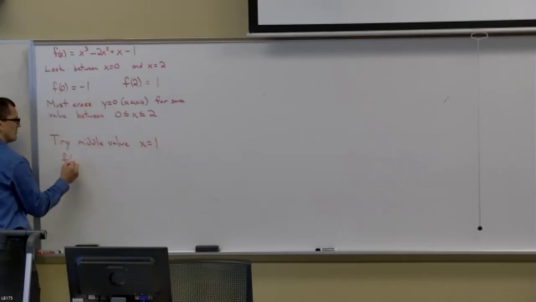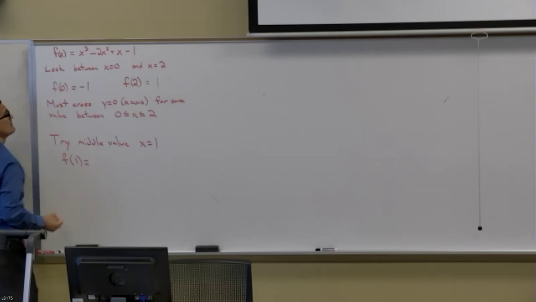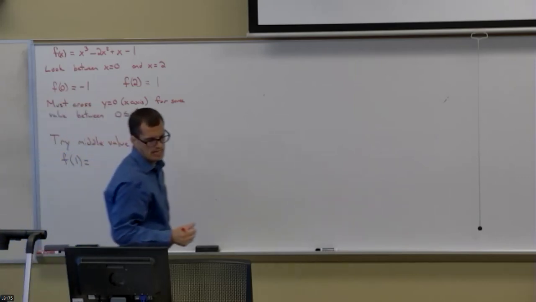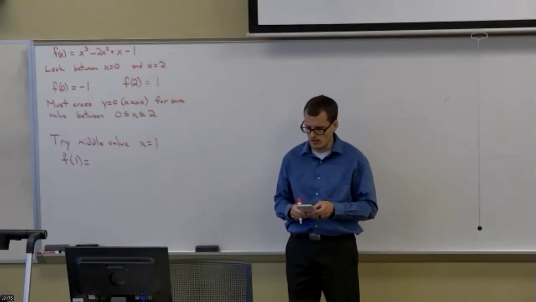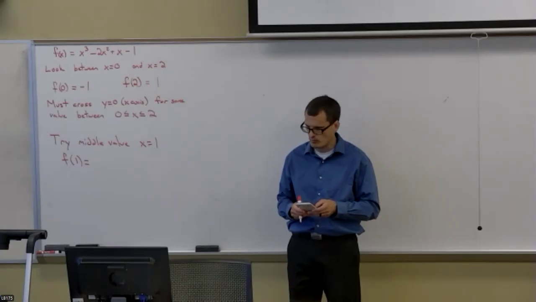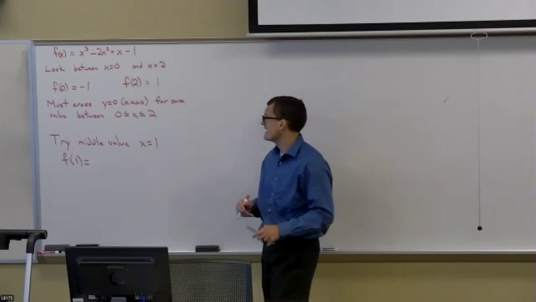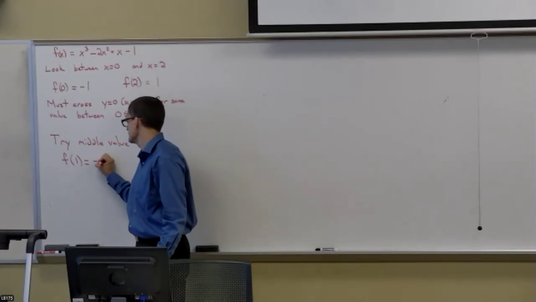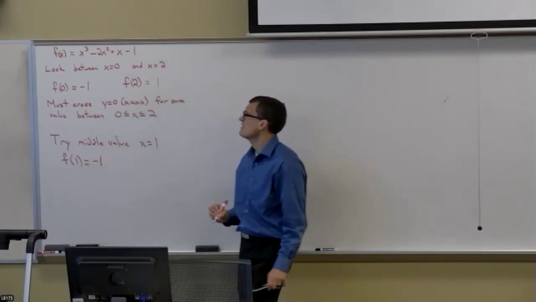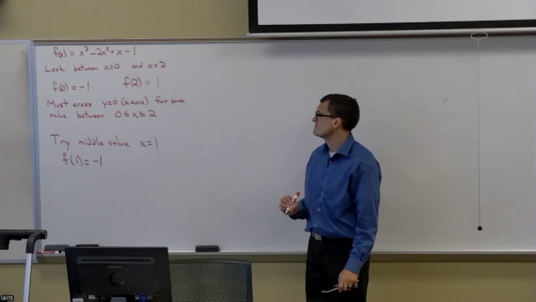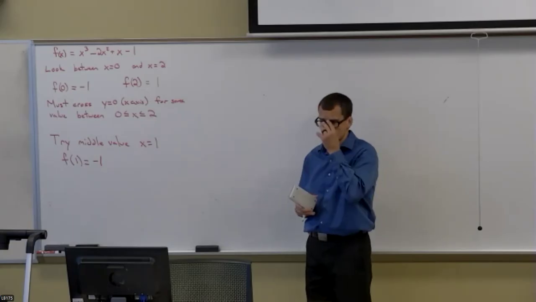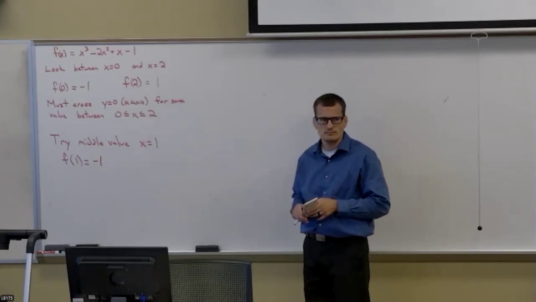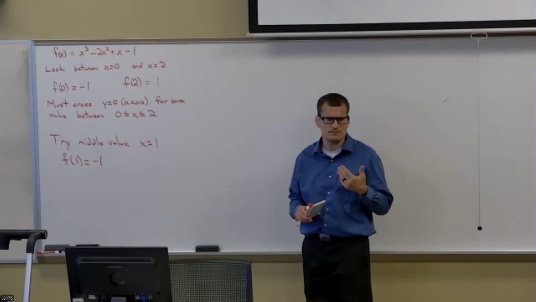So we go f of 1, and then we do 1 to the third power minus 2 times 1 to the second power plus 1 minus 1. That gives me a negative 1 as well. Everybody get that? How I'm getting it, just plug it in.